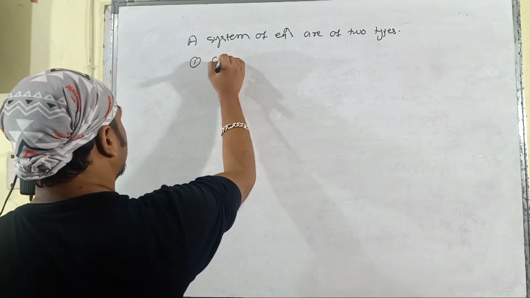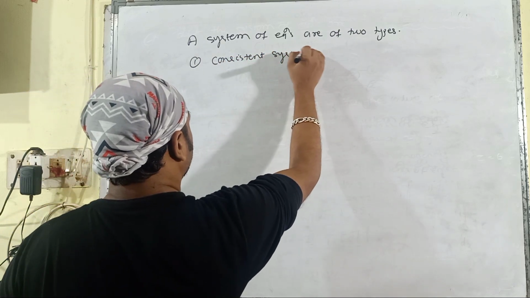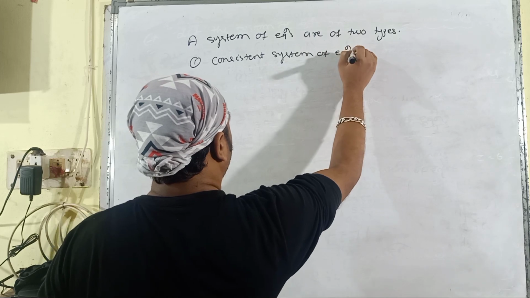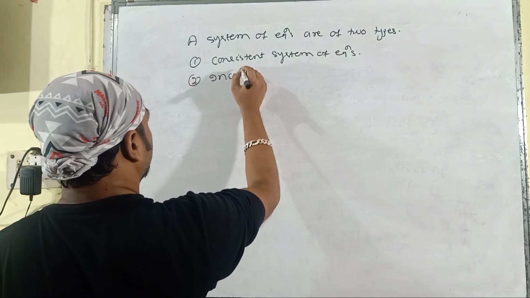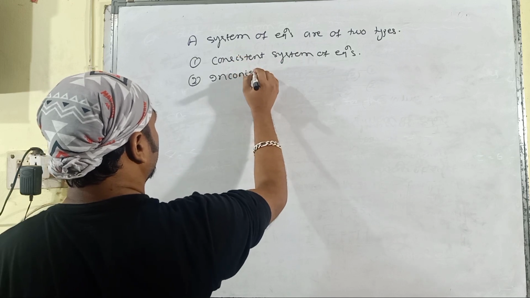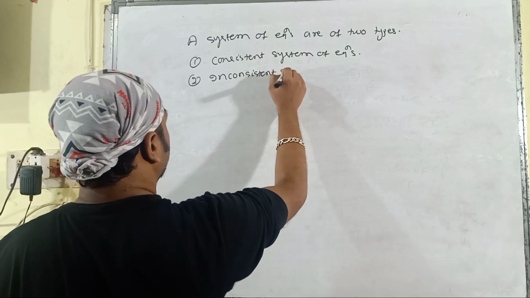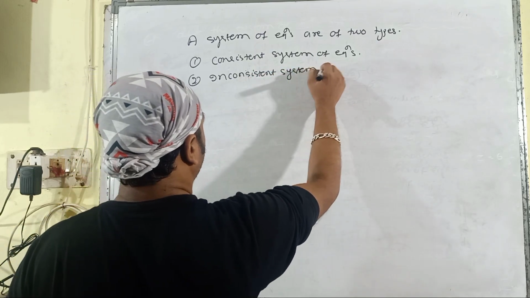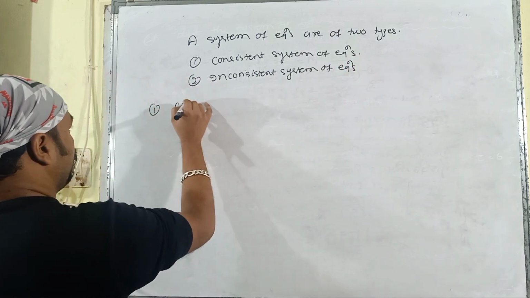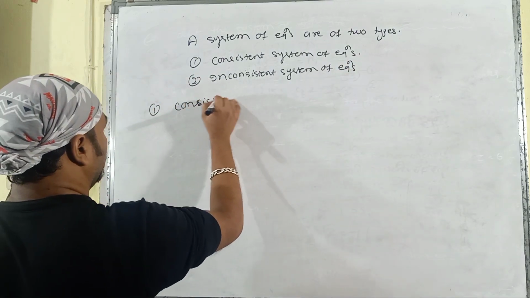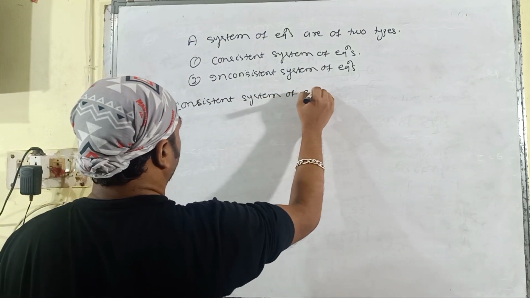The first one is a consistent system of equations and the second one is an inconsistent system of equations. Then let us discuss the consistent system of equations.